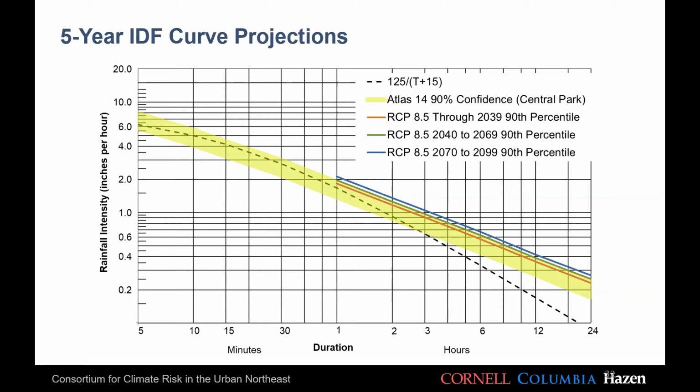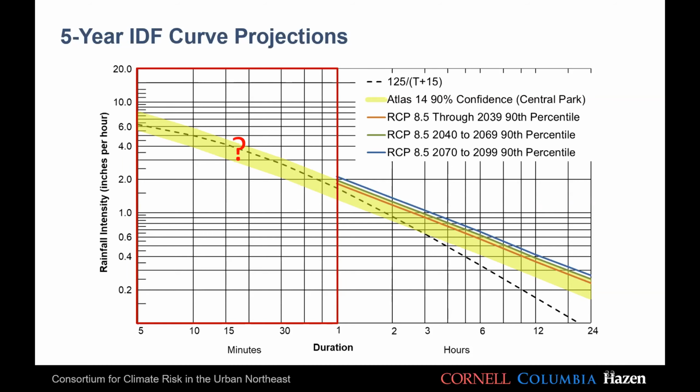And as I think Art mentioned as well, notice that the first 2 curves fall within this 90% confidence interval. So this suggests that initially in the next 30 to 50 years, broader changes to the distribution of precipitation extremes, if they occur, will probably be difficult to distinguish from natural variability.